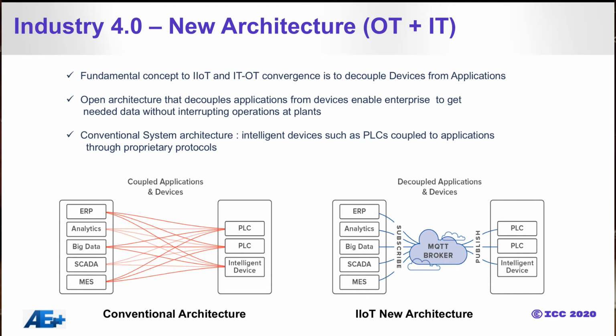The new architecture is to de-link them and have all of them get connected to a central source, what we call an MQTT broker, and then have one side subscribe and the other side publish. Therefore, the data that comes out from various sources all goes into an integrated broker, and then comes out and goes to the other devices which are connected on the application side. So this is a very, very important factor in going into the new architecture.